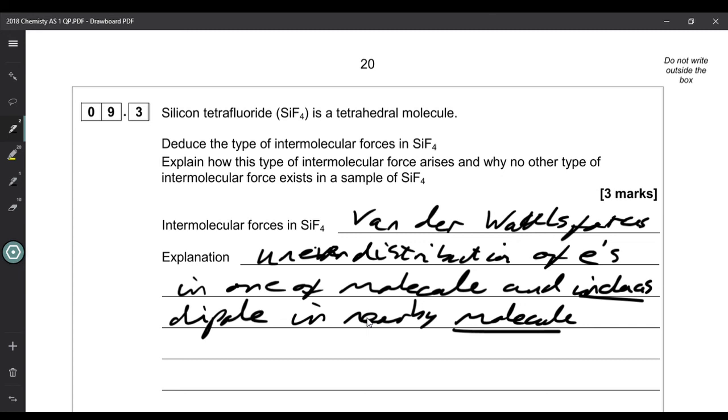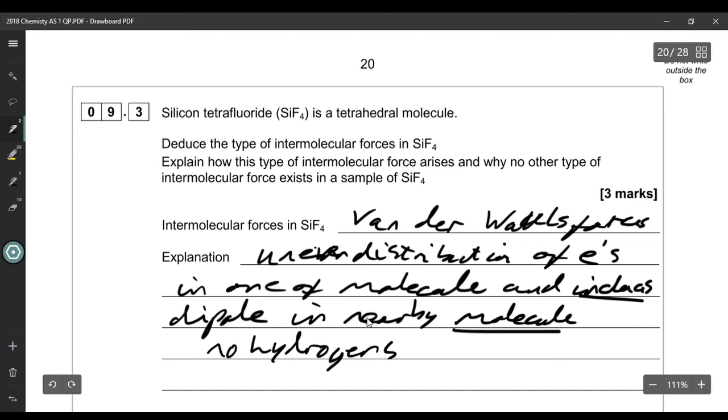So it says, explain why no other type of intermolecular force exists in SiF4. So what we could say is because there's no hydrogens in the molecule, there's going to be no hydrogen bonding that takes place.